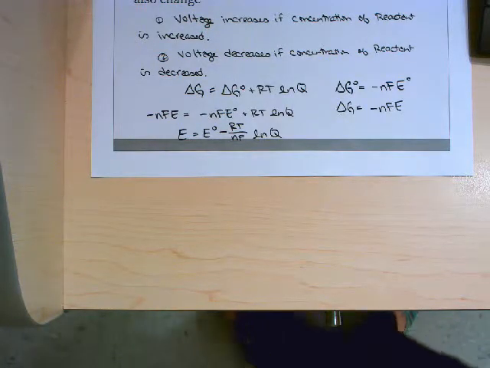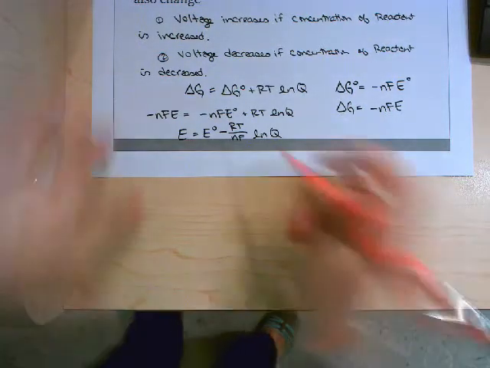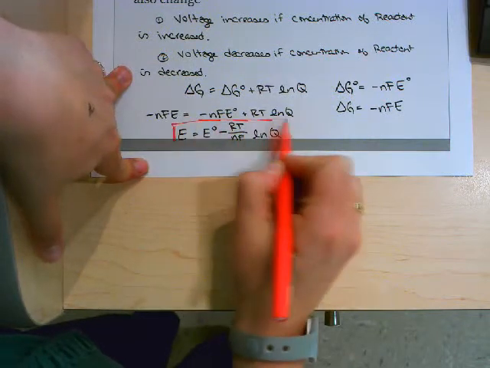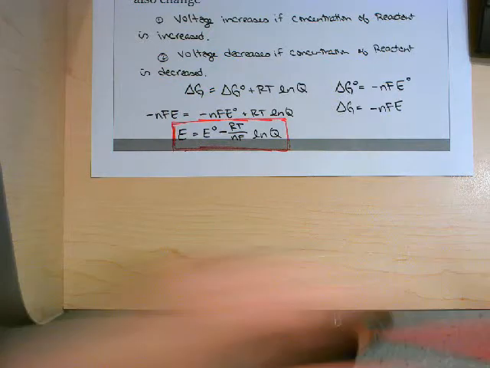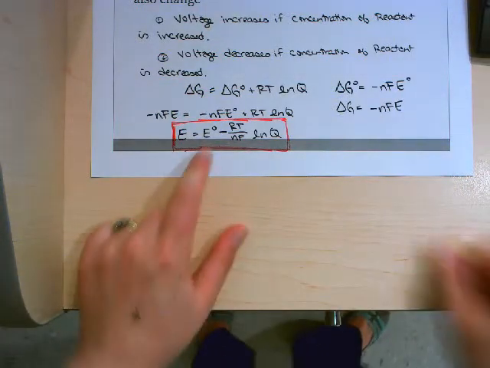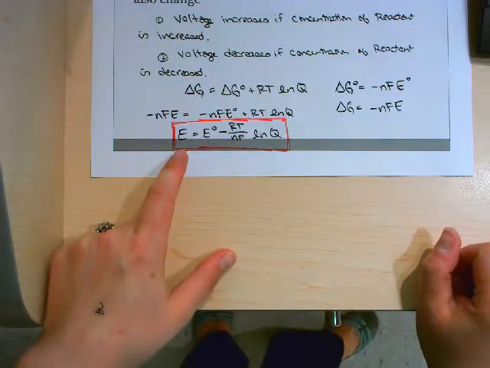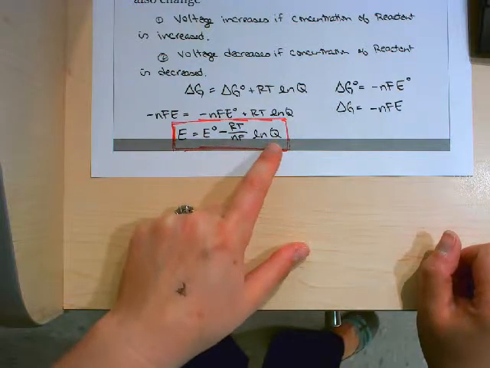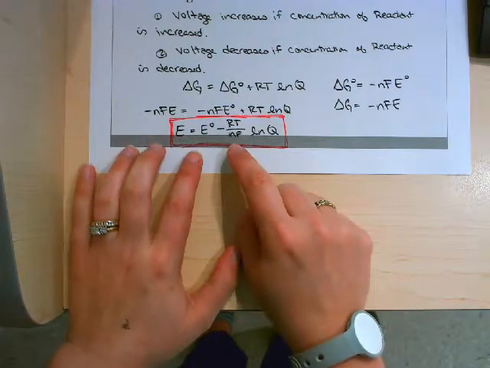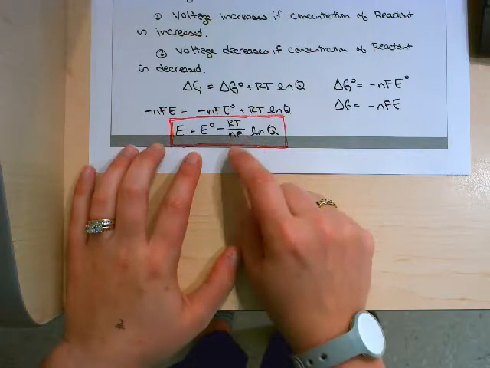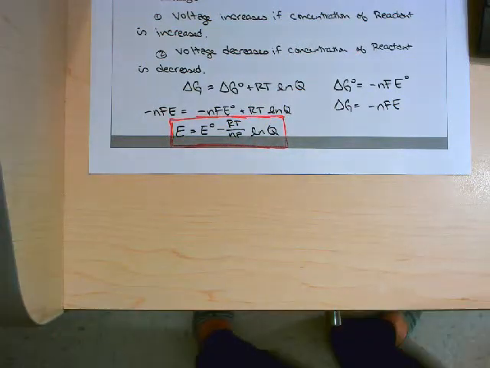To this. My measure of how far away from standard state I am is dependent on Q, just like we saw up here. But now it also has to take into account the temperature you're at and the number of electrons being transferred.